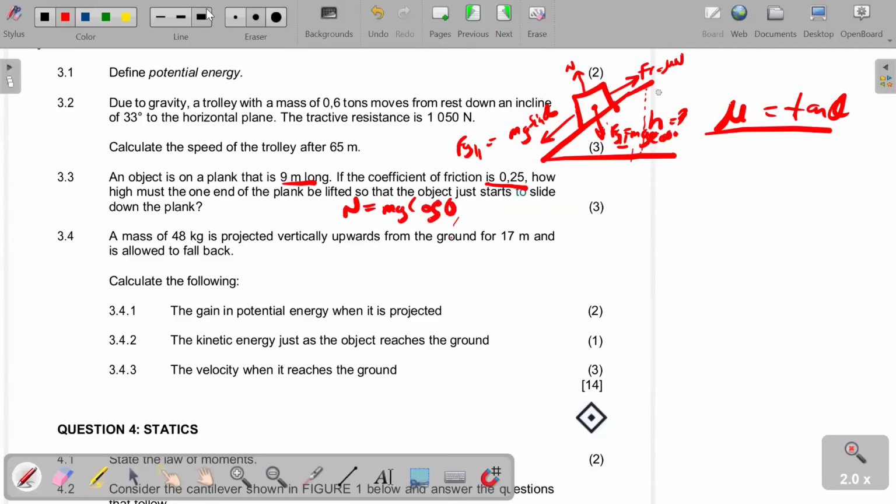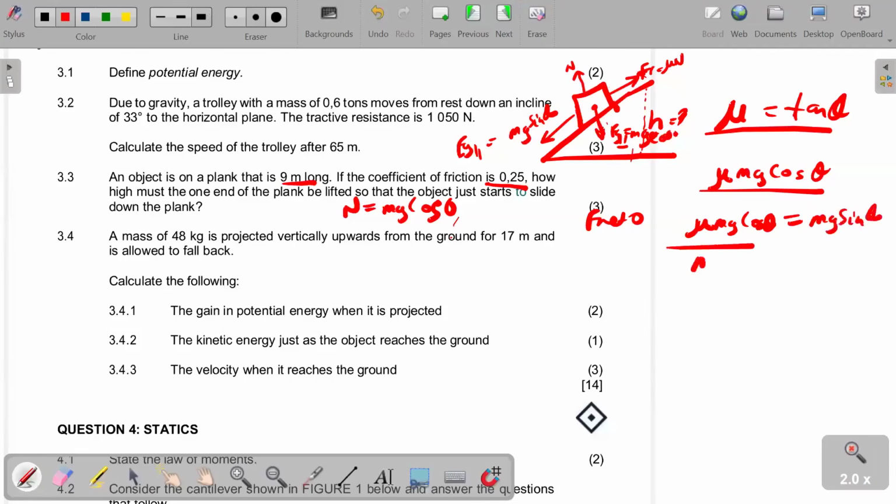So Fr is mu multiplied by mg cos theta. When F net is equal to 0, mu mg cos theta, our resistive force, should be equal to the parallel gravitational force mg sine theta. These two should be equal. Dividing by mg cos theta, the mg and mg cancel each other.